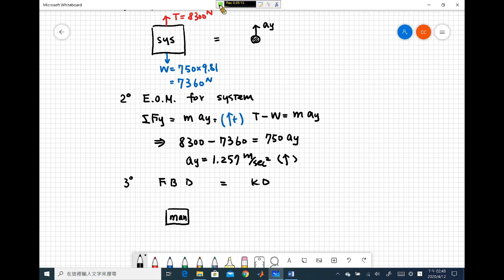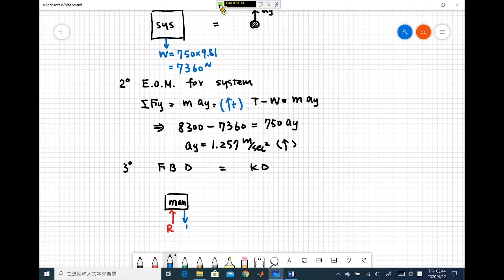So it will have the reactional force coming from the scale. So that's the normal force R, and it has its own weight. It's 75 kilogram times 9.81, it will be 736 Newton.